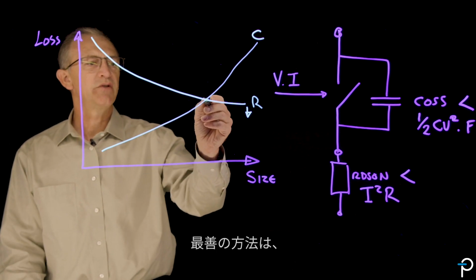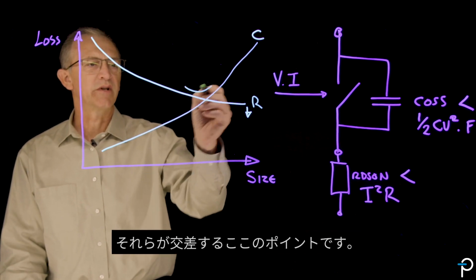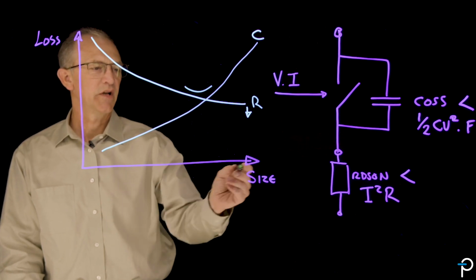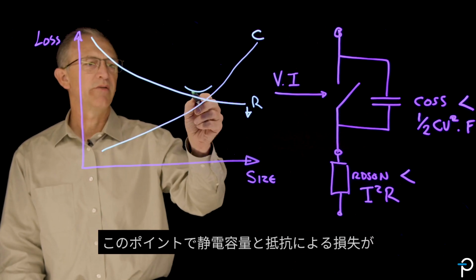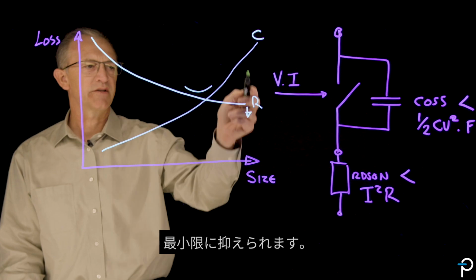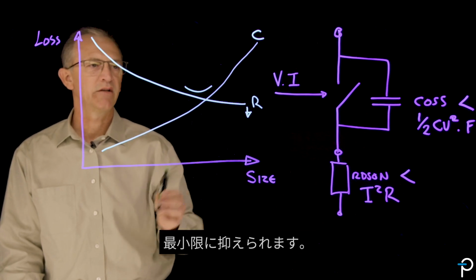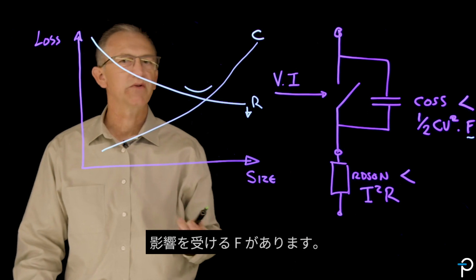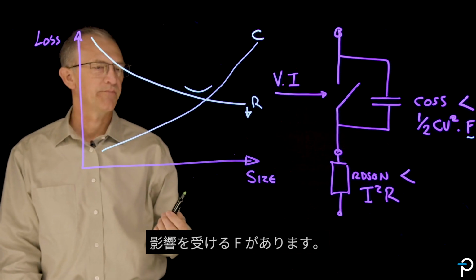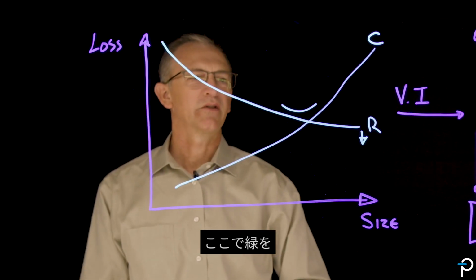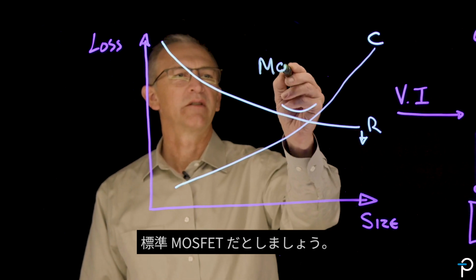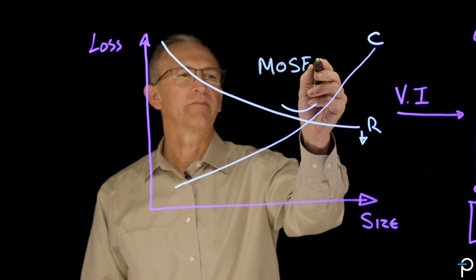And the best you can do is at this point here where they cross. At that point, you have a minimum of capacitance and resistive losses combined. And of course, that's affected by the frequency at which you choose to switch. So the green here, let's imagine the green is a standard MOSFET.